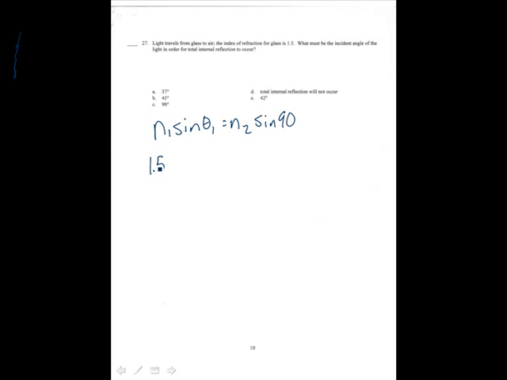I'm traveling from 1.5, that's for glass, sine of theta 1 is equal to 1. So theta 1 is the inverse sine of 1 over 1.5, which is 42 degrees. So it's E.